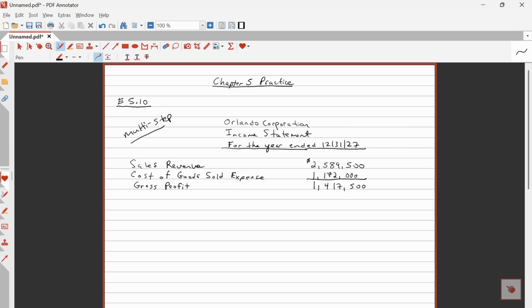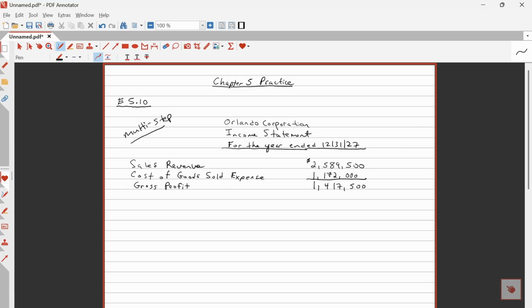The reason we put this particular expense right underneath sales revenue is because this particular expense most directly caused that revenue. If we're selling goods and getting this much from our customers from selling those goods, we couldn't have sold those goods unless we first bought them from our suppliers in the first place.